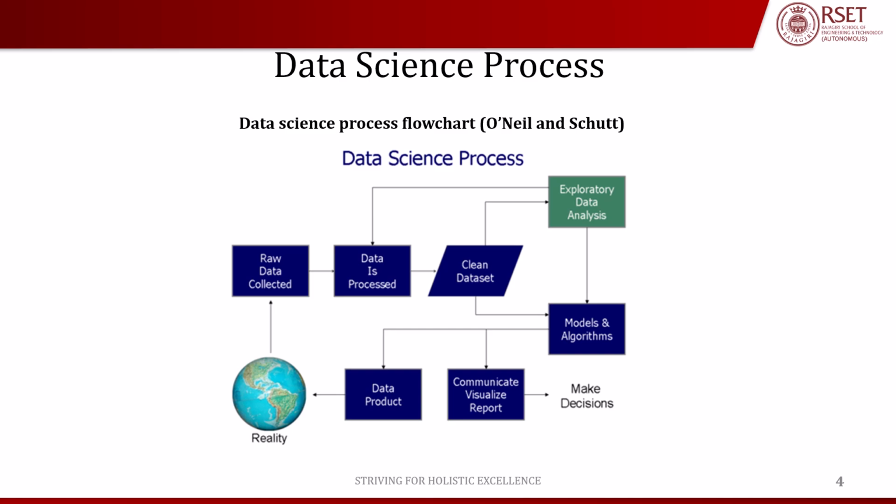And then you can send this data to be cleaned, because the data that we have may have a lot of anomalies, a lot of missing data. There are algorithms that will take care of this. They will make the data clean, and after that we can send it to an exploratory data analysis phase, where we will get the first level of insights about the data.